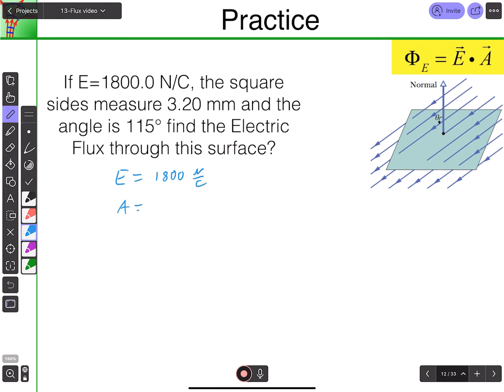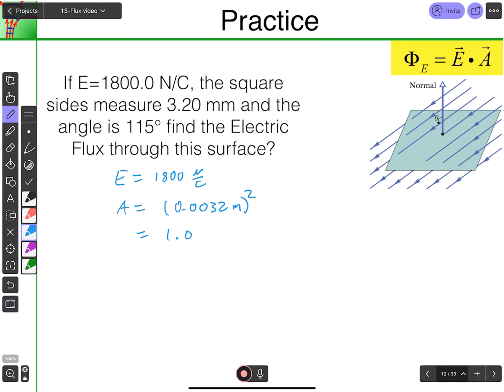The area is going to be 3.2 millimeters squared, right? So 0.0032 meters squared, which works out to about 1.024 times 10 to the minus 5 square meters. And we have our angle theta here, right, is 115 degrees.